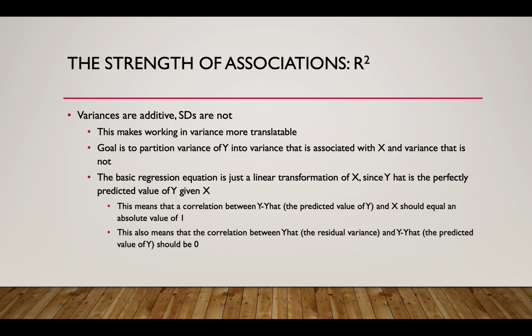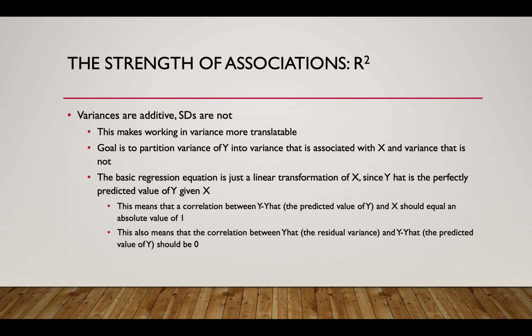But standard deviations are not additive, and they're also not linear. Though variance is, and variance is additive. You can reach a threshold of variance, all of the variance in your variable. So this makes working in variances more translatable than working in standard deviations.